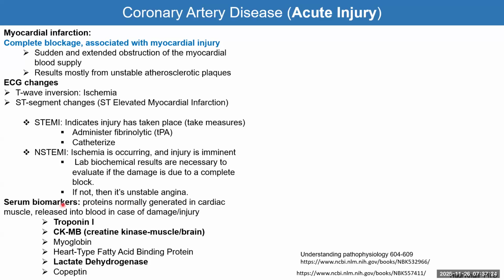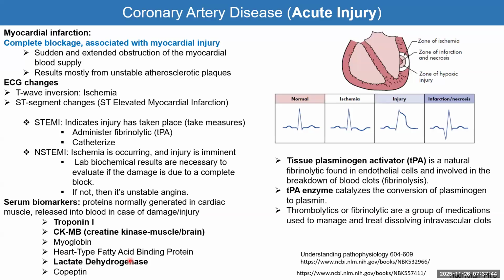Most of the biomarkers that we use, I'm sure you have heard about, would be troponin I, creatine kinase, and lactate dehydrogenase. These are three very famous biomarkers that we use to check the process of damage in the cardiac muscle. Now, this is an ECG of a normal heart, and that's an ischemic heart.